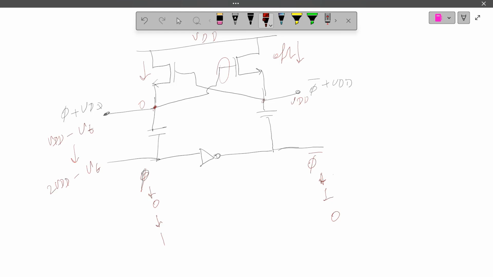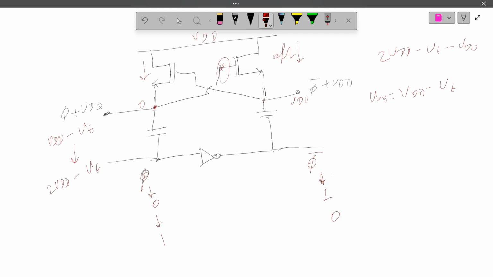So it will charge up to VDD. How can we say VDD? It will charge up to VDD because at the gate we are getting 2 VDD minus VT and source VDD. So how much is this one? VDD minus VT. So VGS is VDD minus VT. So it will charge up to VDD.